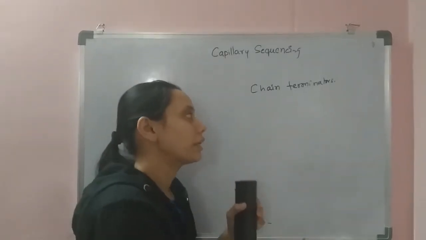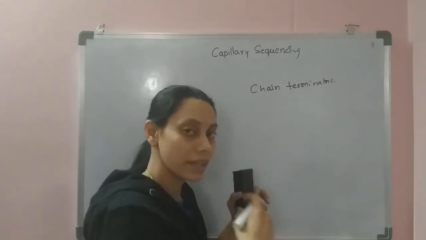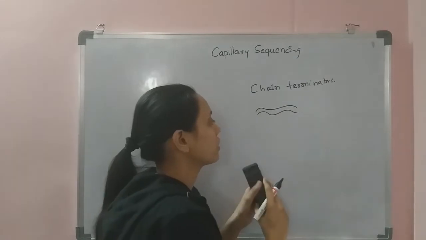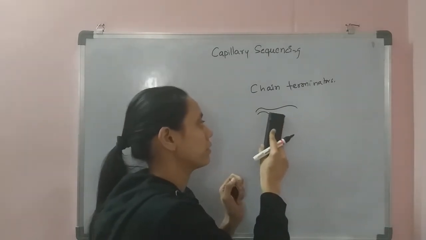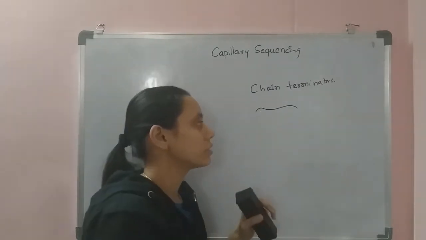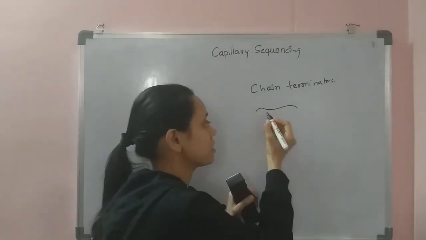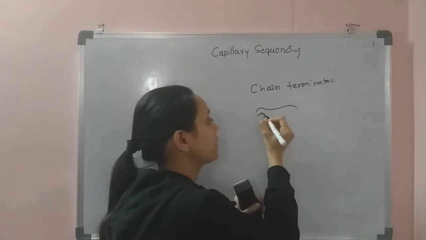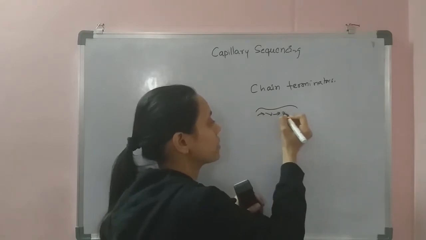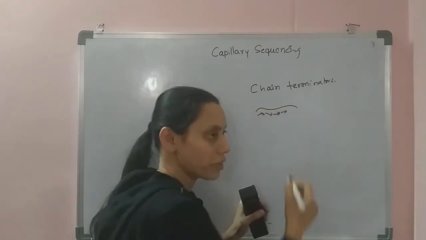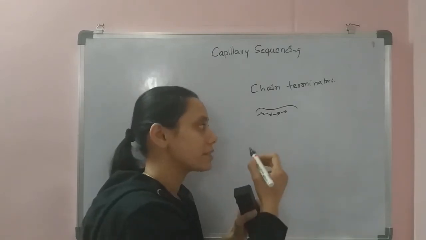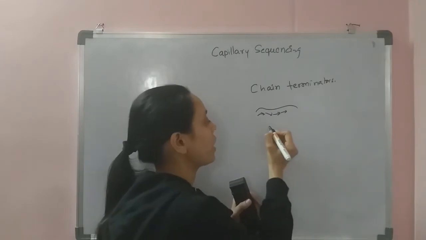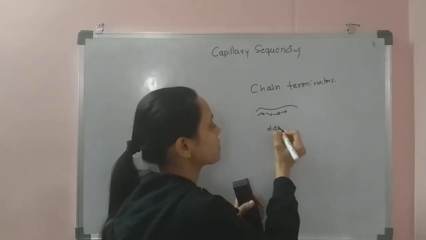During this DNA sequencing, first we need to denature the DNA. So the DNA sample is denatured into single-stranded form, and this single-stranded DNA is allowed to synthesize its complementary strand. While synthesizing the complementary strand, we are going to add ddNTPs.